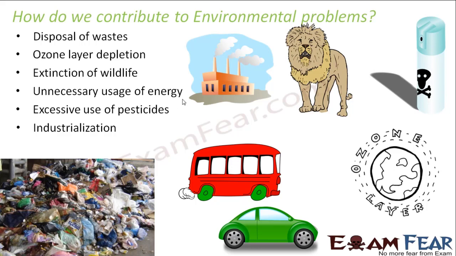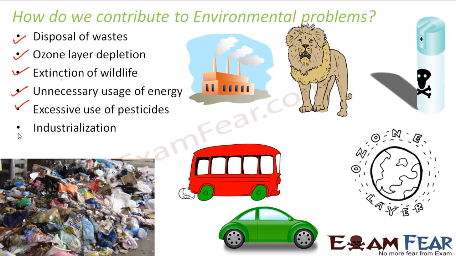So when we are cutting down forests, we are actually ending up the producers. Now when the producers are getting ended up, and on top of that we are setting factories there which is causing air pollution, water pollution and soil pollution. So we are actually harming the environment. So these are some of our actions which actually add up to the environmental problems.